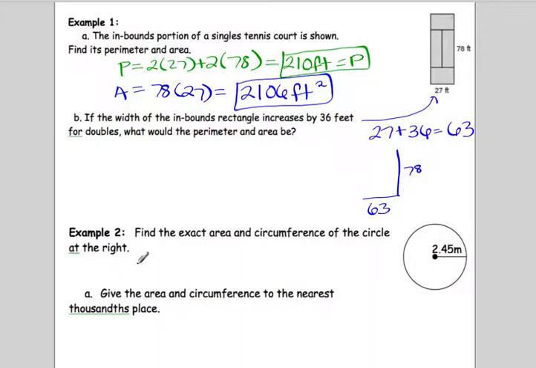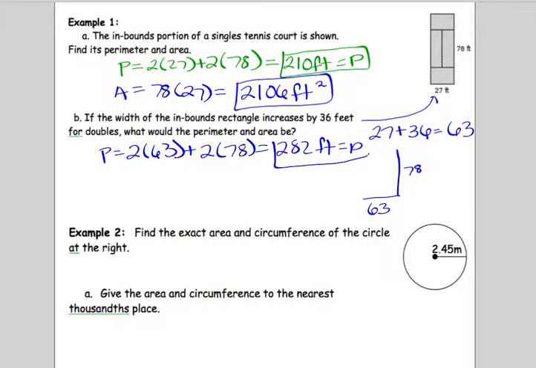on our rectangle. So they want the perimeter, 2 times the 63 plus 2 times the 78 gives us our perimeter of 282 feet. Since it's perimeter, just feet there, not feet squared.